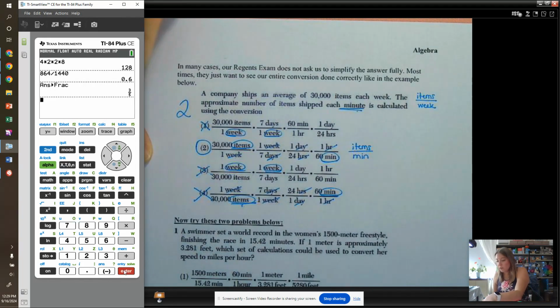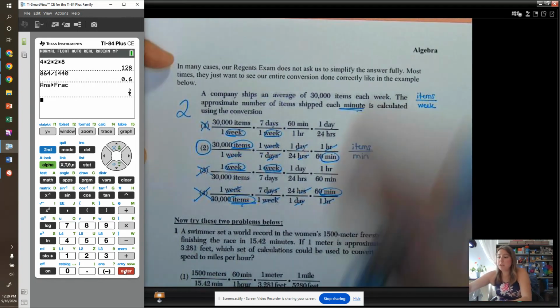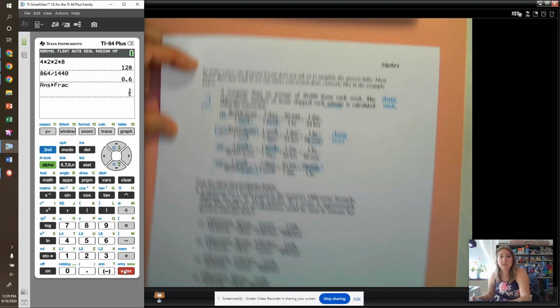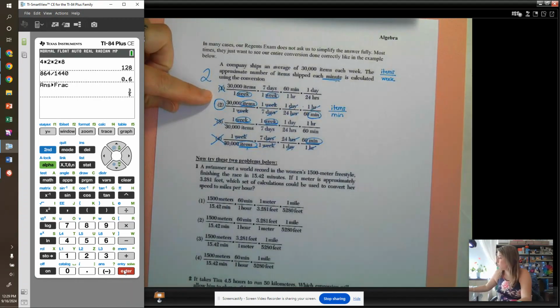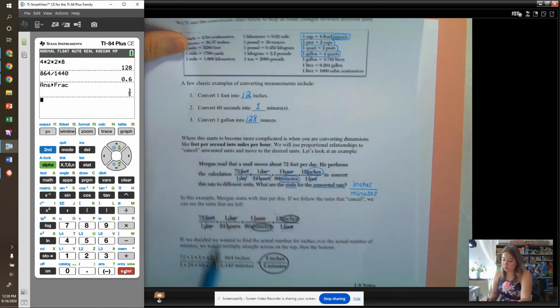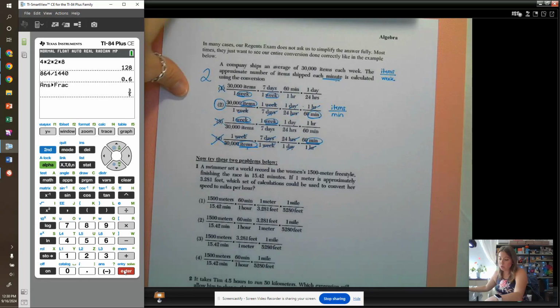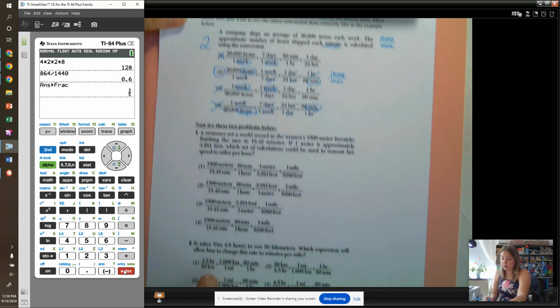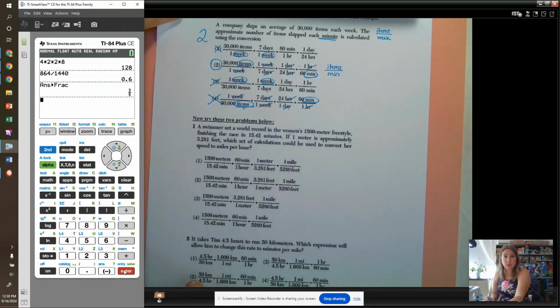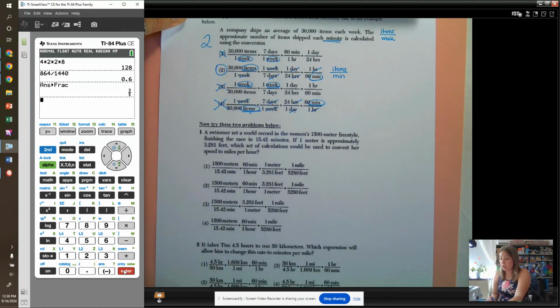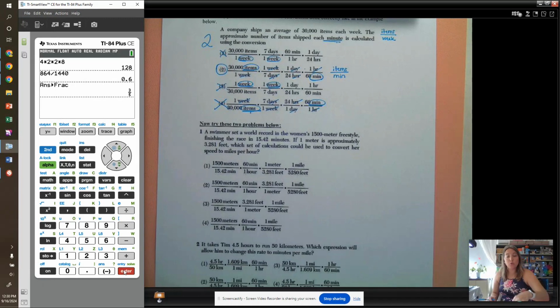So why don't you take a peek at how I did this one, and again I showed you the canceling in this one. And I want you to pause it and try these two down here. Former Regents questions right there. Again, looking at changing from the unit we're starting with to some ending unit.